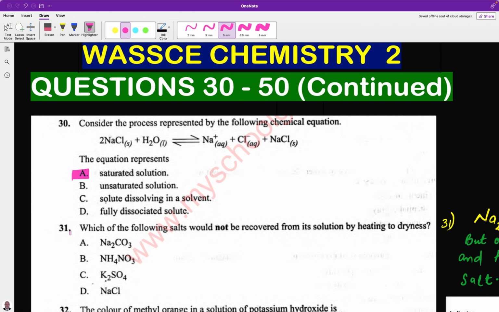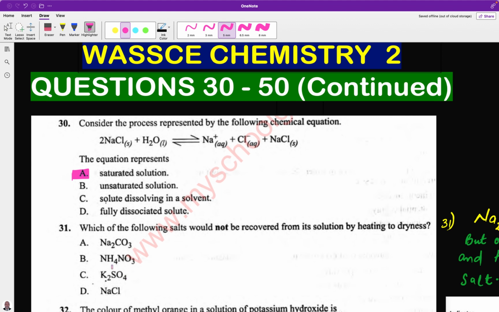If I dissolve sodium chloride and I heat it in an evaporating dish, I will get back the crystals, the salts. The same thing with potassium sulfate.